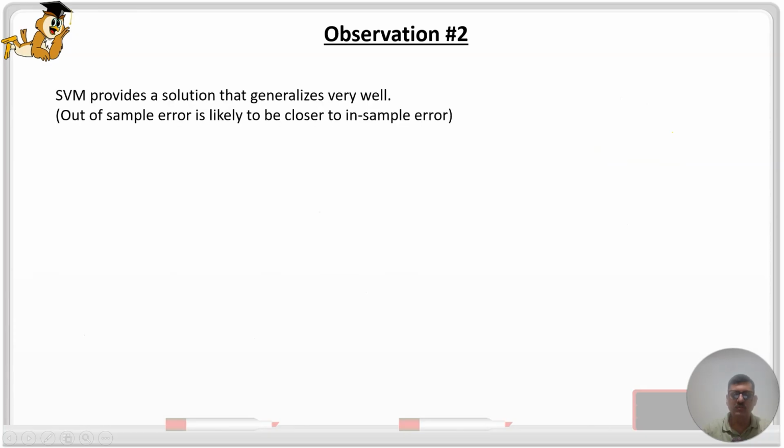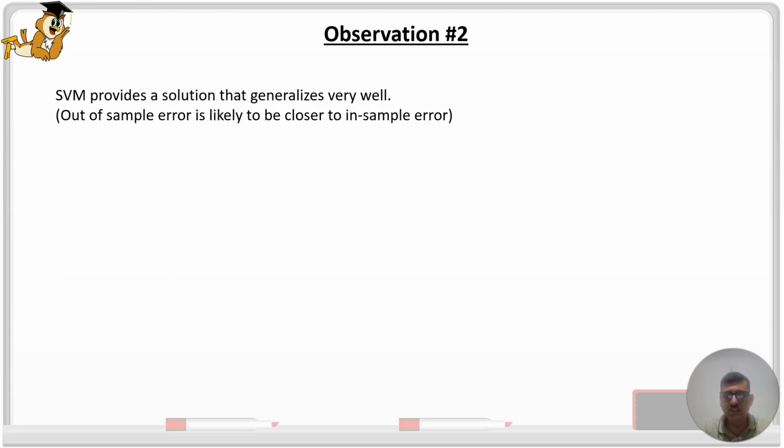I have another observation. The SVM provides a solution that generalizes very well. Remember, right in the beginning, in the first couple of slides, we said that the entire purpose of finding a decision boundary that maximized the margin was that it would generalize very well. That means the E out would be very close to E in.